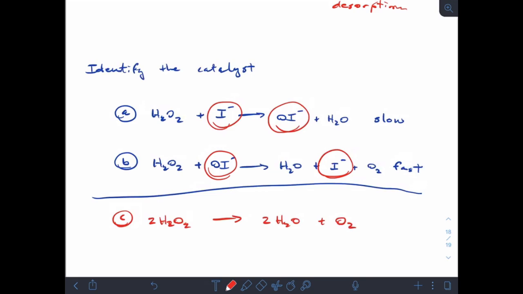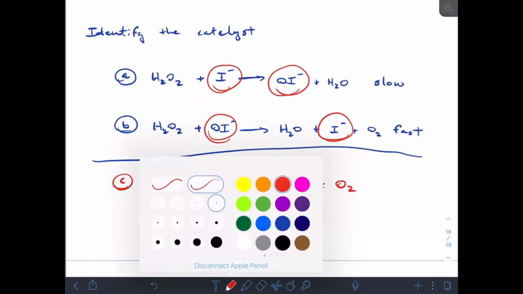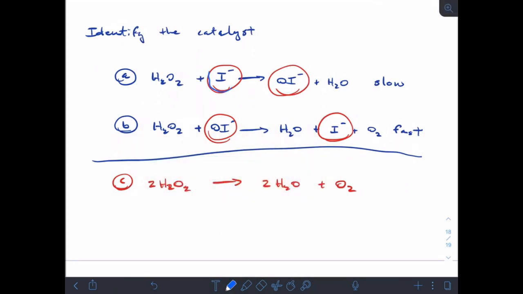Right? So let's see if we can find the catalyst. The catalyst is something that we put in as a reactant and we ultimately get out as a product. In this case, that is going to be the I minus.